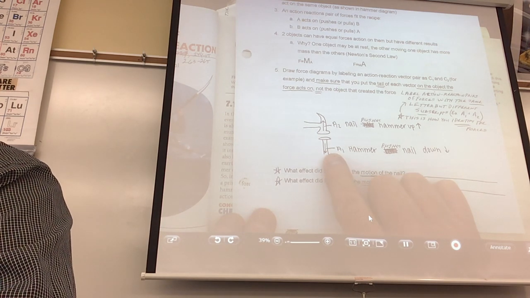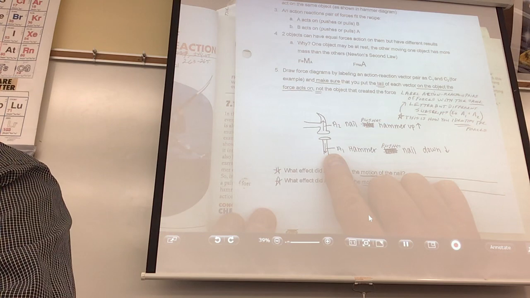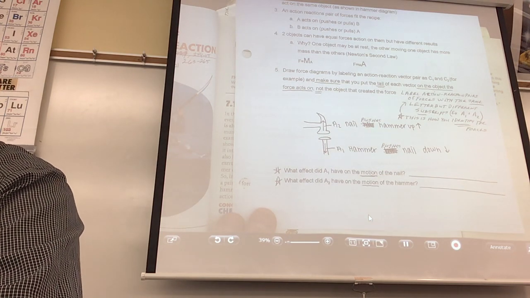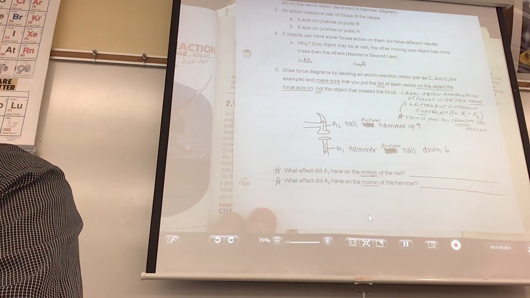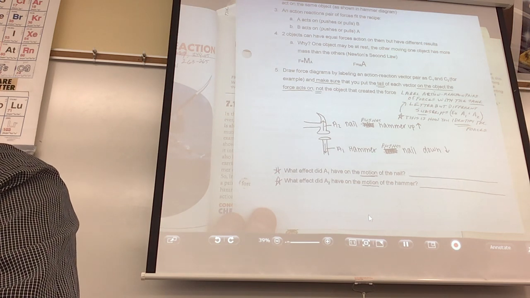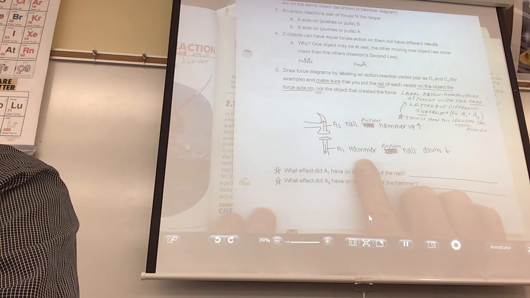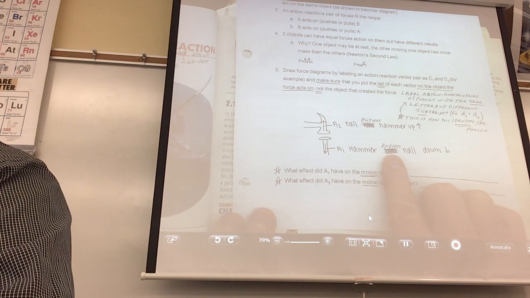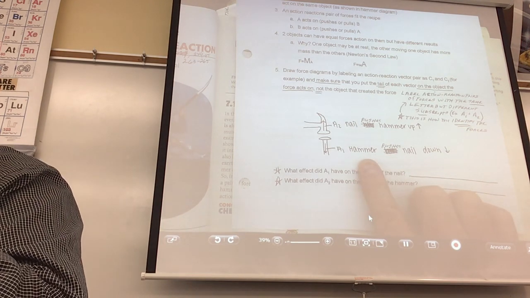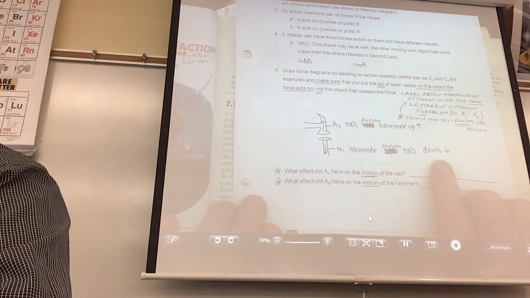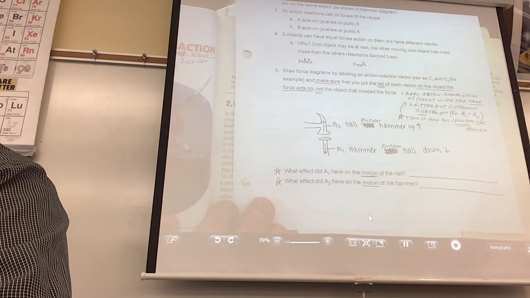Who created that force? The hammer, right? So if I say, identify force A1, okay, hammer, instead of saying action, we say push or pull, right? Hammer pushes nail down. That's easy.